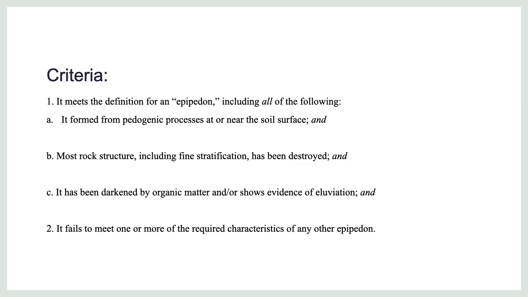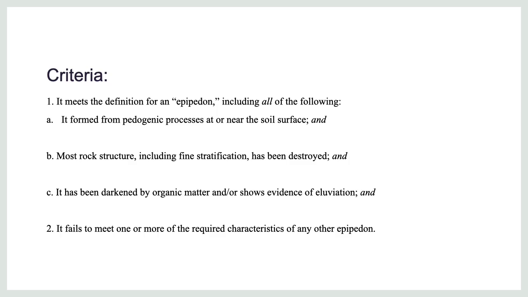Any of these possibilities are related to an epipedon. So you need to consider if the material that you are standing on is an epipedon or not, and if it was formed from pedogenic processes at or near the surface.